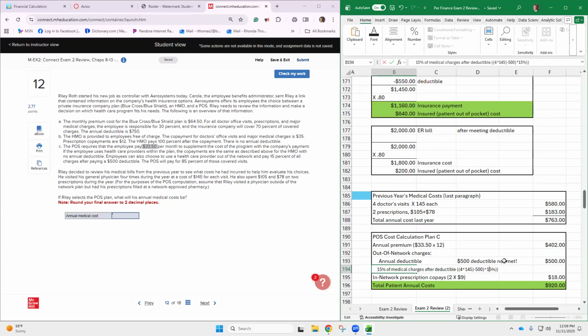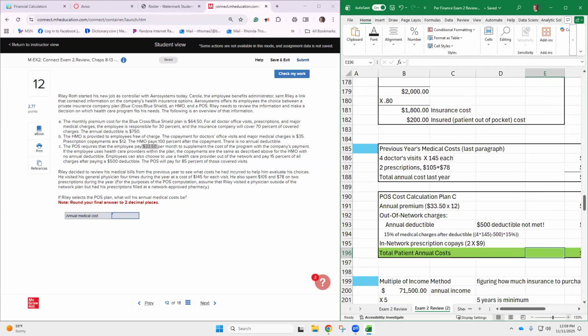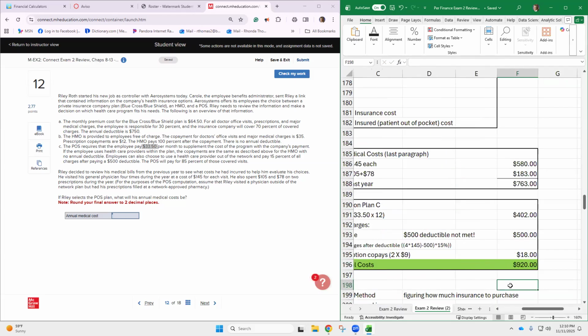If you need to see that formula, I can blow it up more if you need to. So one more time, mine surpassed the deductible, but not by a lot. So I'm going to have to pay the deductible.